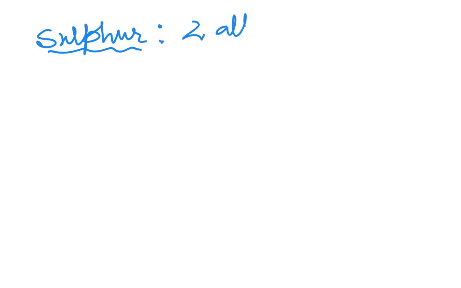Yes, students, we have finished oxygen in P block elements, the oxygen family. Now next is sulfur. Sulfur has two allotropes.